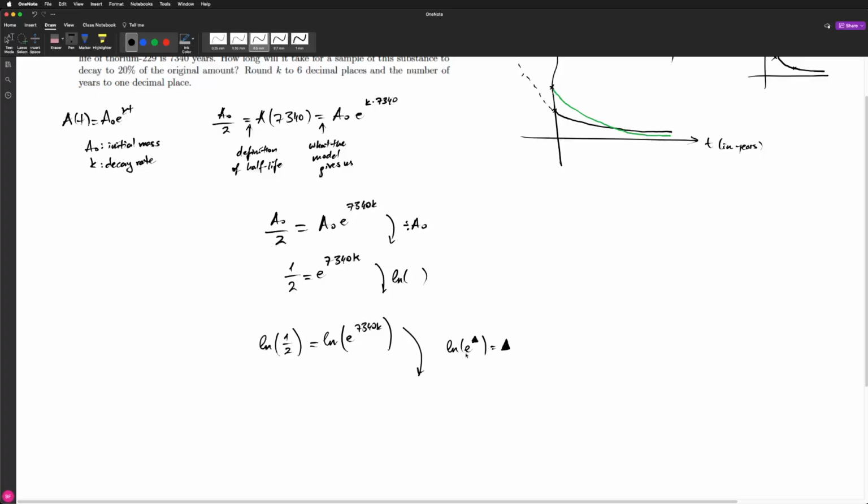Well, what's inside is e to that power. So the answer is in the riddle. That's what ln and e being inverses of each other means. So I end up getting 7,340k equals ln of 1 over 2. And from here, I can figure out what k is easily.